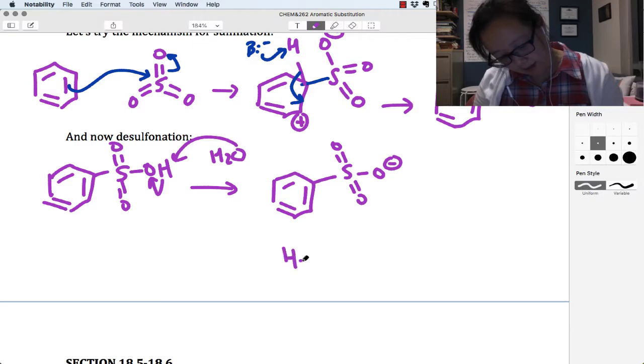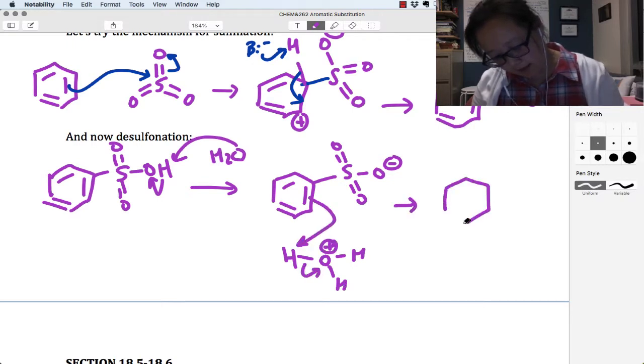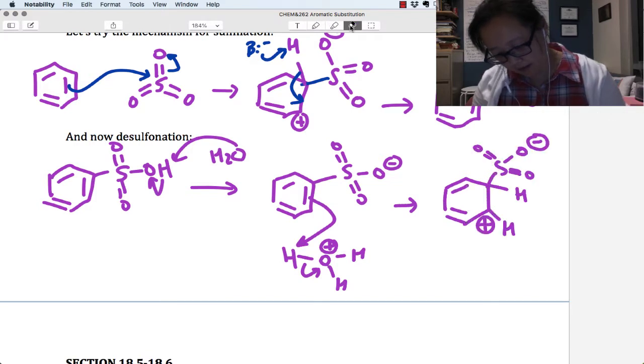And then we need to break that aromaticity, so I'm going to have H3O plus now to be able to do that. So let's write that. So this is going to grab here. And so I'm going to break aromaticity for a second here. And I have a choice of where to put that positive charge.